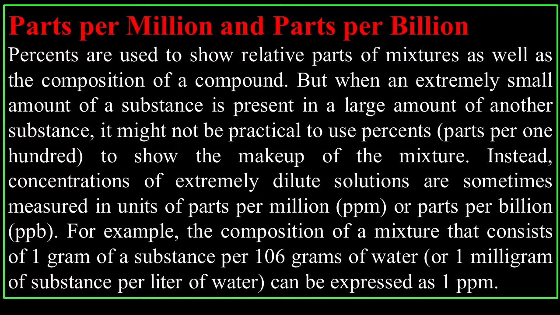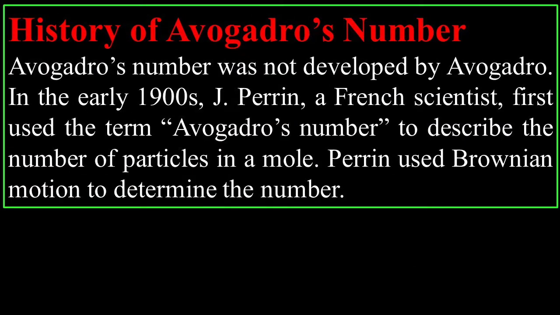Instead, concentrations of extremely dilute solutions are sometimes measured in units of parts per million or parts per billion. For example, the composition of a mixture that consists of 1 gram of a substance per 10^6 grams of water, or 1 milligram of substance per liter of water, can be expressed as 1 part per million.